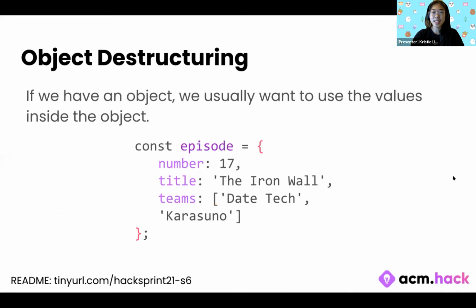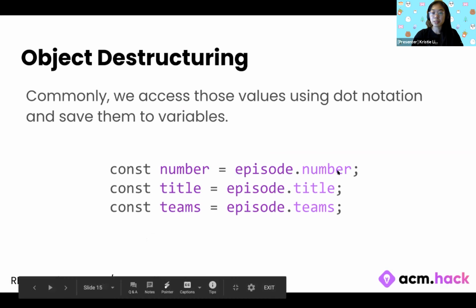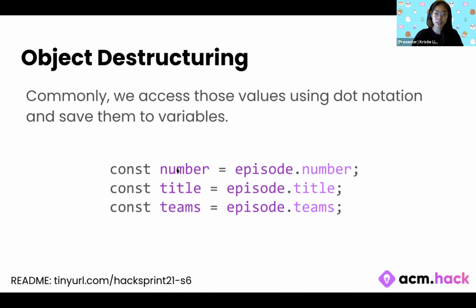Okay, so the next feature that I'm going to talk about is called object destructuring. If we have an object, we usually want to use the values inside of the object. And commonly, we access those values using dot notation, save them to variables. So for example, there's the number property, and we want to save it into the variable called number. So we do const number equals episode dot number.